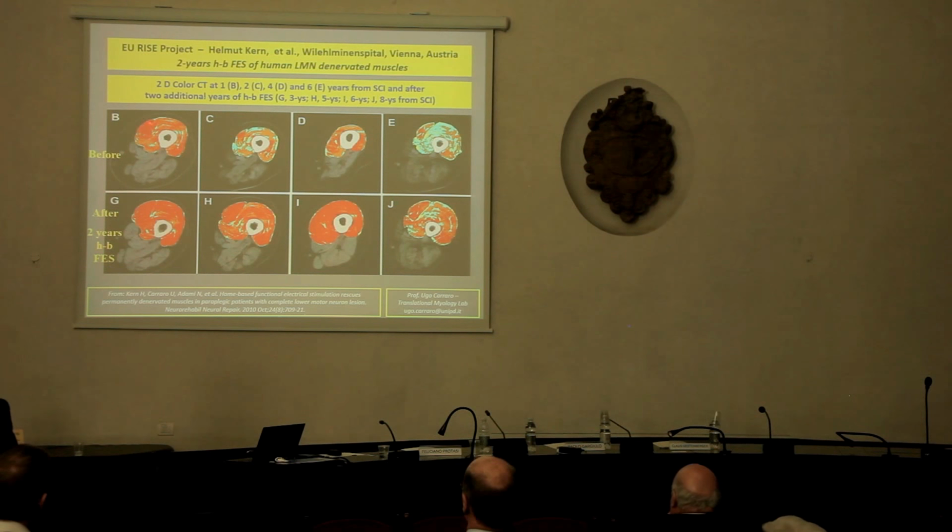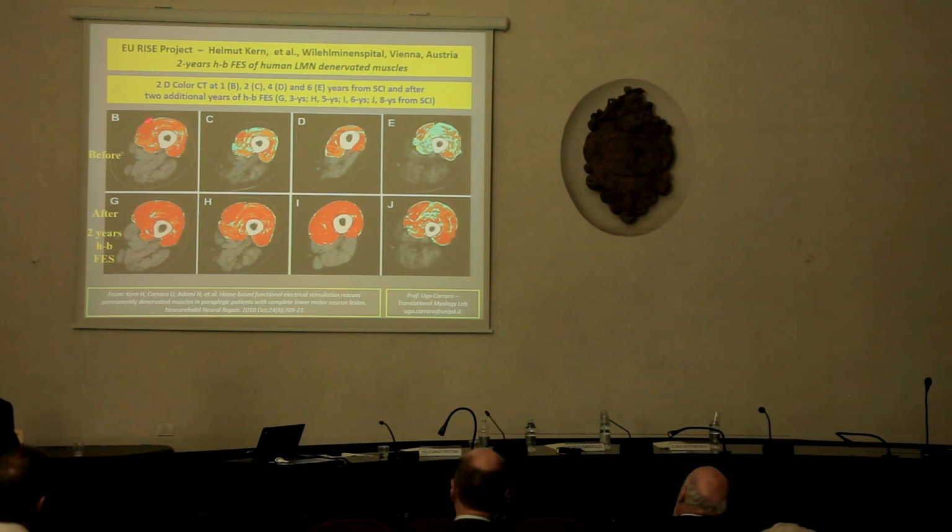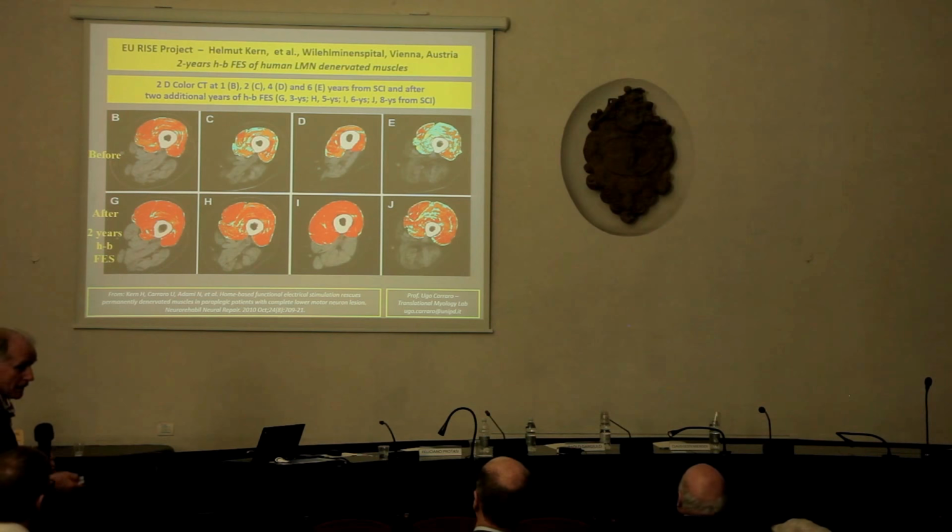What is red is muscle tissue, almost normal appearing muscle tissue, but 1 year after spinal cord lesion, the amount of connective tissue in green is slightly more than expected.